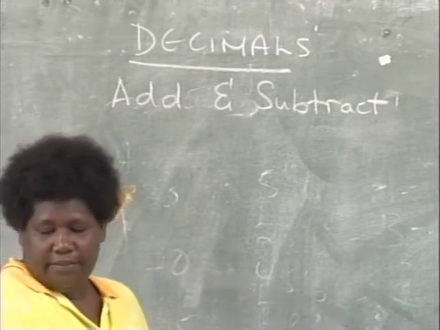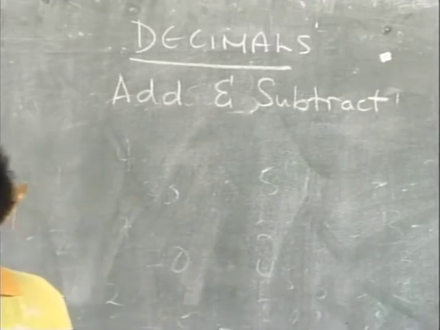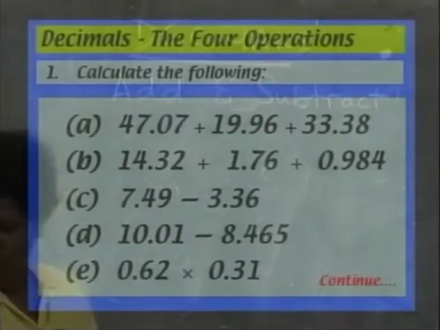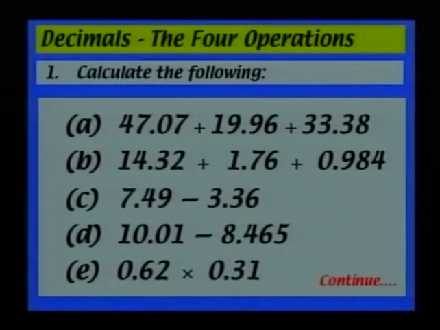We'll look at question A and another 2 questions from there. 47.47: 0.07 plus 19.96 plus 33.38.